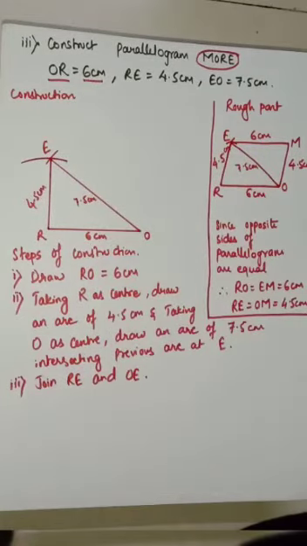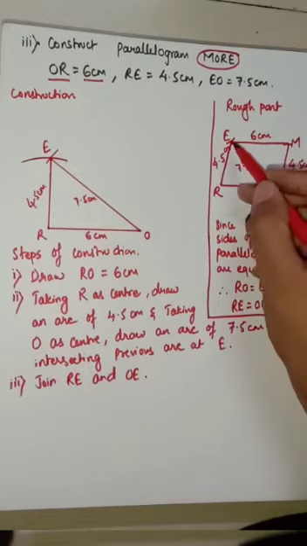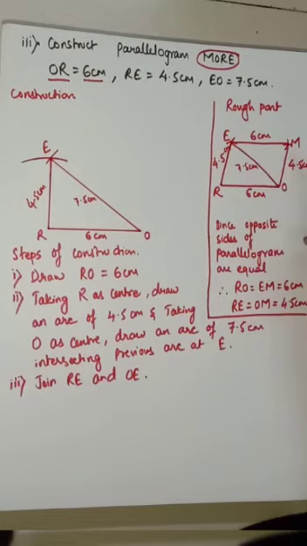Now what we have to do, now from O we have to draw an arc of 4.5 centimeter, so we will reach here, and from E we have to draw an arc of 6 centimeter and we will reach here.